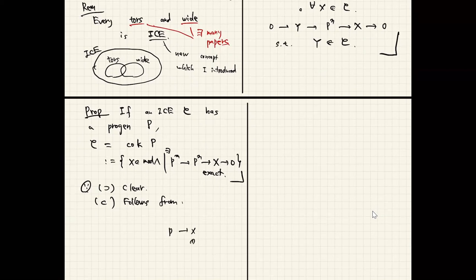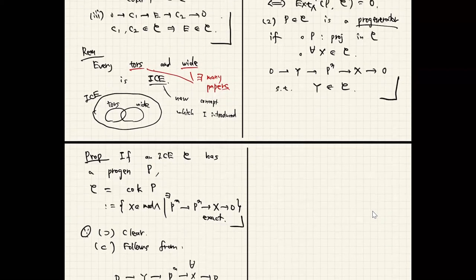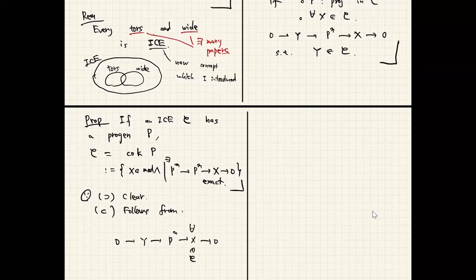For every object, there exists this short exact sequence by the definition of progenerator, and this kernel also belongs to C. So by considering this object, we have this short exact sequence, and then it follows that this sequence is exact. So it means that every object has such a presentation.